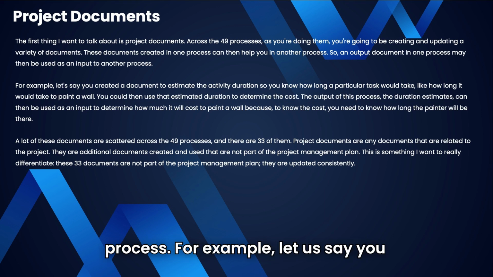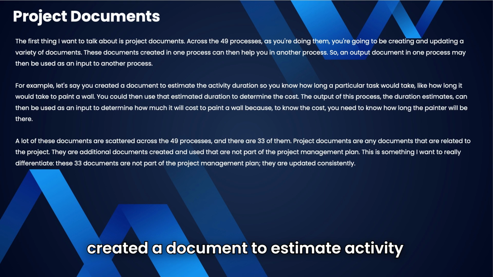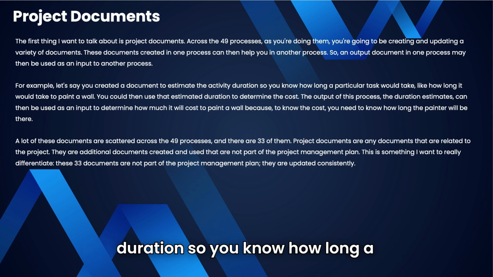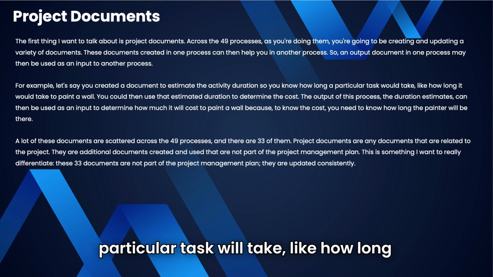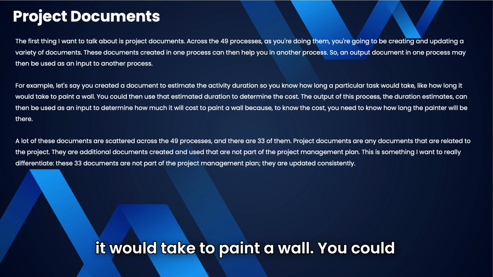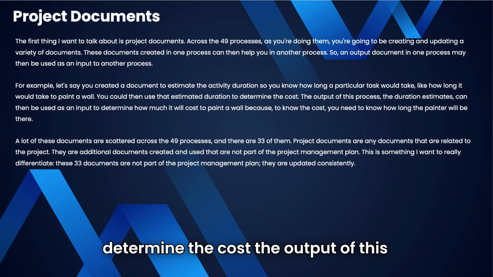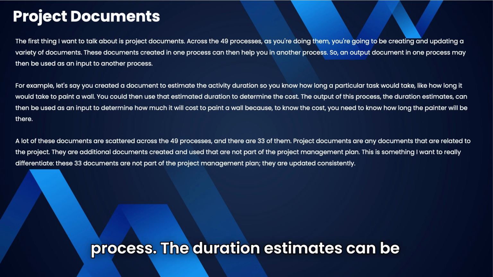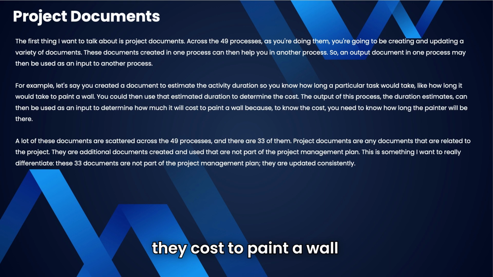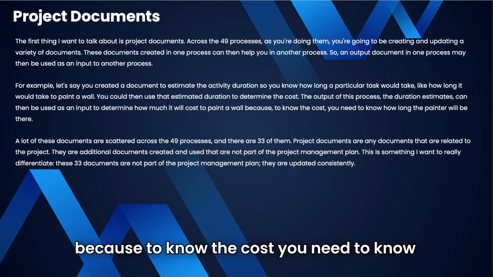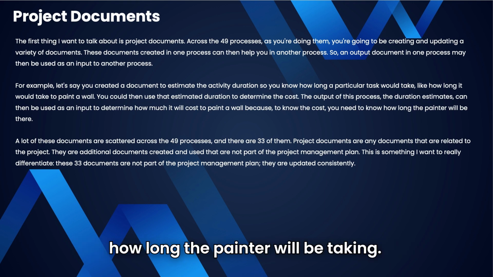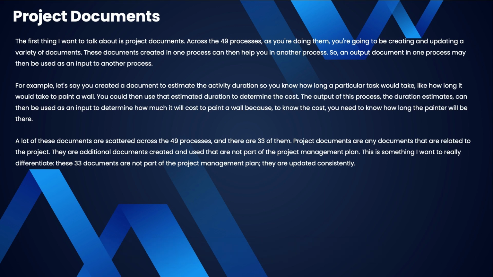For example, let's say you created a document to estimate activity duration so you know how long a particular task will take, like how long it would take to paint a wall. You could then use this estimated duration to determine the cost. The output of this process, the duration estimates, can be used as input to determine how much it will cost to paint a wall, because to know the cost you need to know how long the painter will be taking.